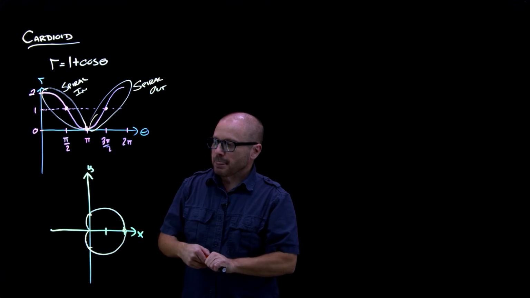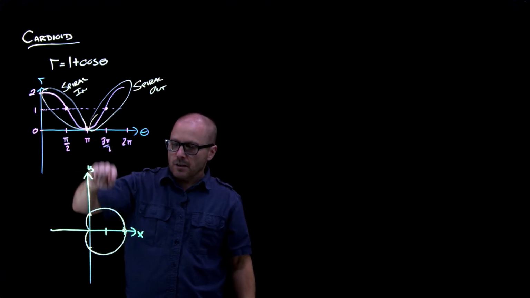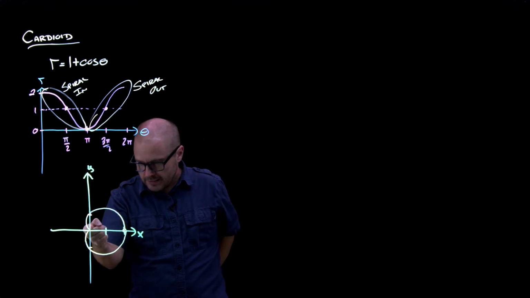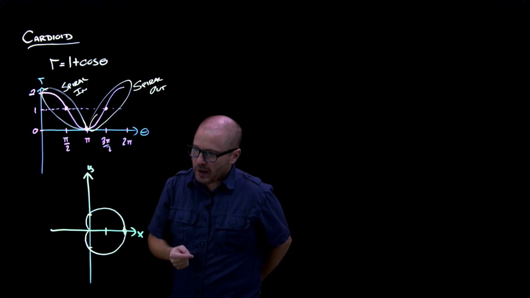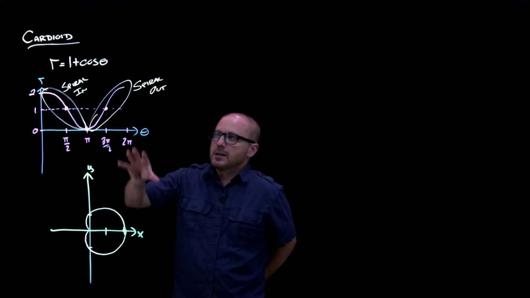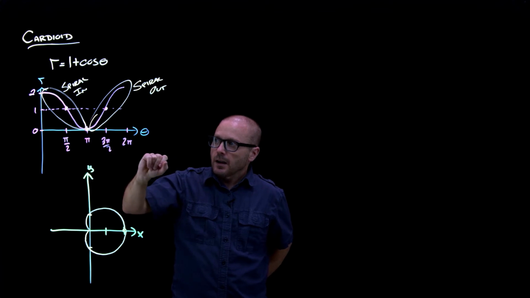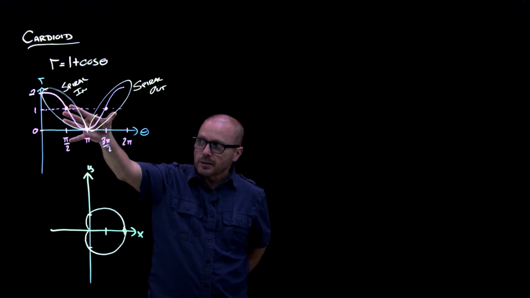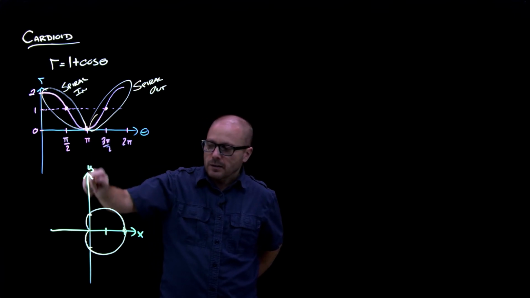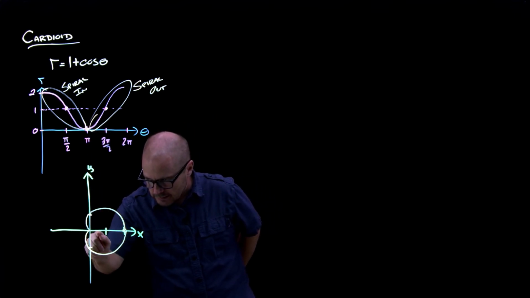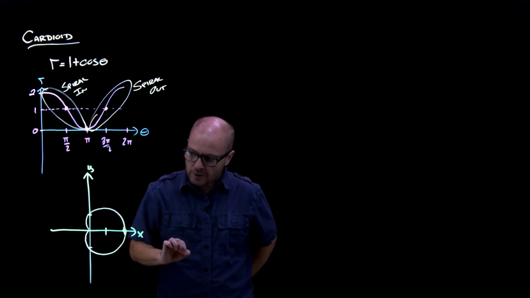The key here is that it just barely touches. r will only be 0 for an instant, and then it comes back out. So we get that little sharp point there at pi. Now, we could do some variations on this cardioid. We could shift it down a little bit, in which case it will go negative for a little while, and this thing will actually loop inside itself because for a little bit it'll give us negative r's.